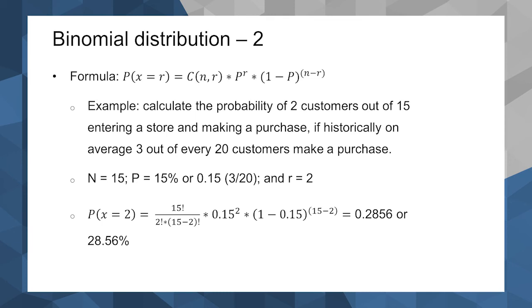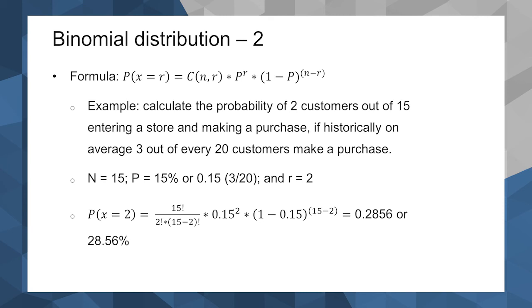Now a little trick. I know we have calculators and computers all the time these days, but a little trick on mental maths. When you look at factorial, because factorial is the product of every number from the number until 1, when you have 15 factorial, it's 15 times 14 times 13 times 12, etc. When you have 15 minus 2, it's 13 factorial.